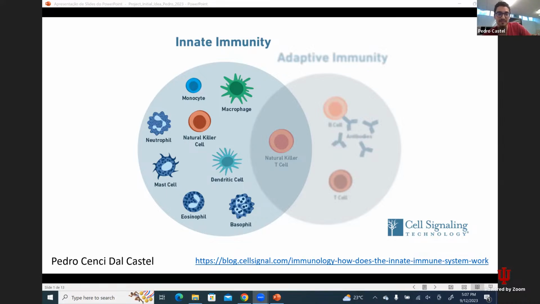So among the things that are part of the innate immunity are all the immune cells listed here: macrophage, natural killer, dendritic cell, neutrophil, and also interferons, chemokines, cytokines produced by the cell that act both minimizing the virus replication inside the cell, and also signaling to neighboring cells as a way to prepare them to defend against the infection.